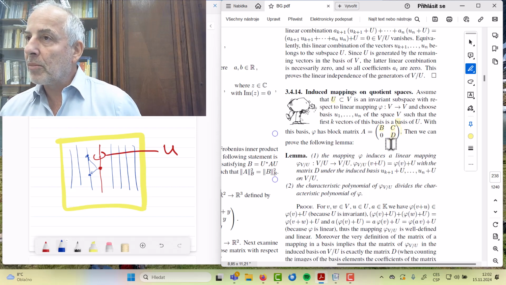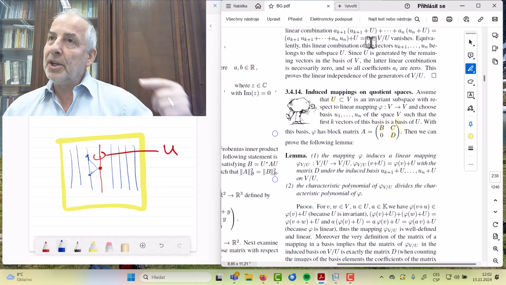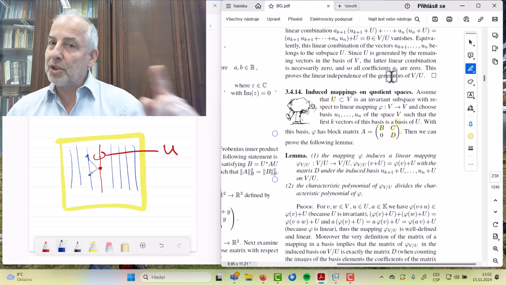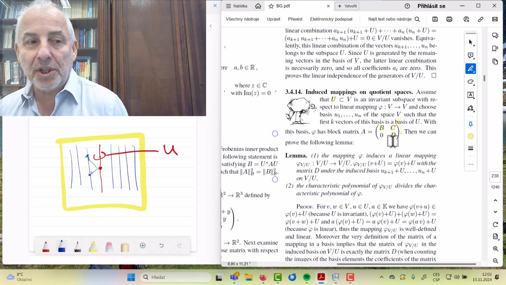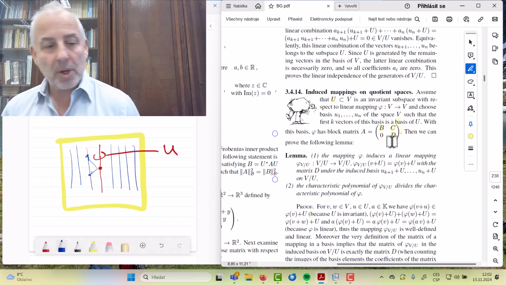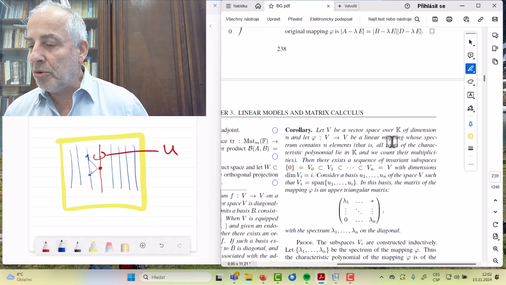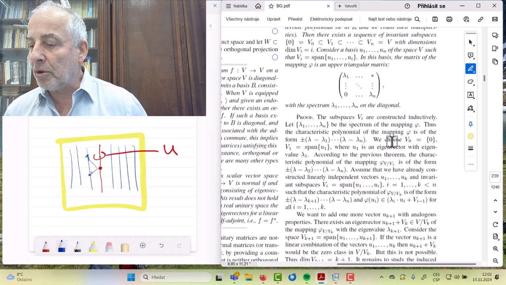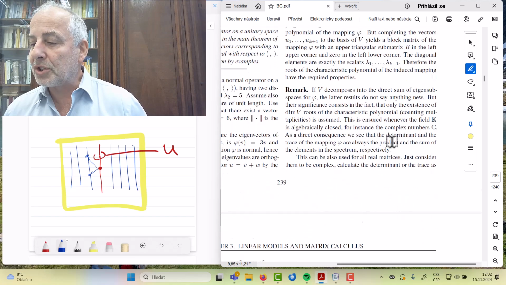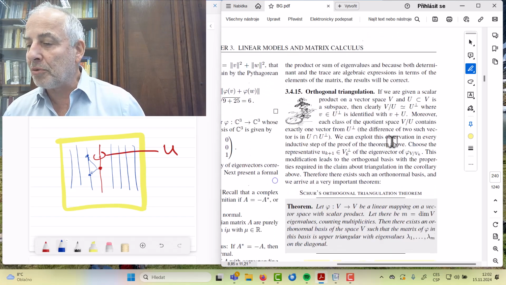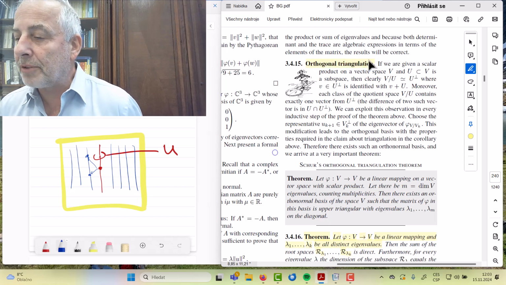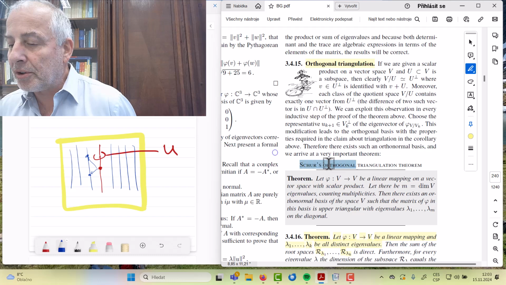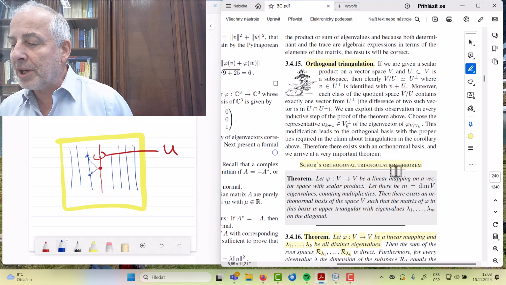And in the induced basis, which we just introduced on the quotient space, the mapping will have matrix D. So that's here, right? And if on top of that you add the scalar product to the vector space, we get an orthogonal triangulation result, which I mentioned already. That's the very useful Schur's orthogonal triangulation theorem.